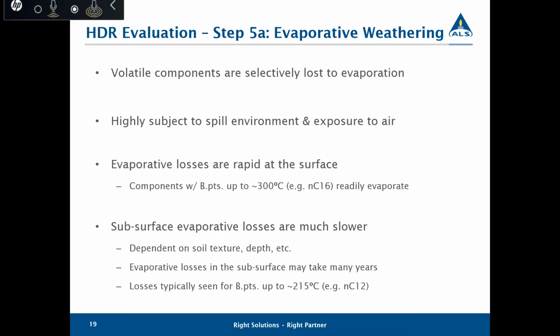Under the surface, evaporative losses are much slower, typically seen for hydrocarbons up to 215 degrees Celsius boiling point, so we are looking at around C12. Also, this may depend on the soil texture. In compacted soil, the rate of evaporation will be slower than in, let's say, gravel or sand, due to the nature of it.